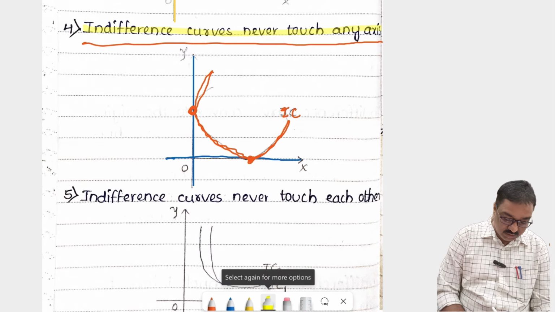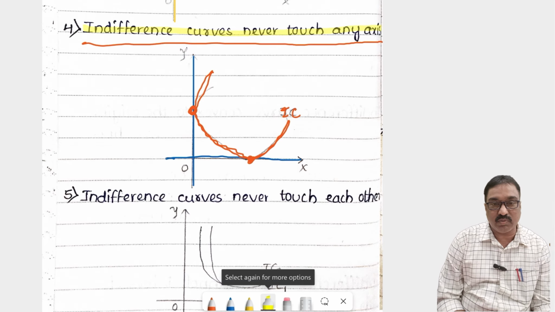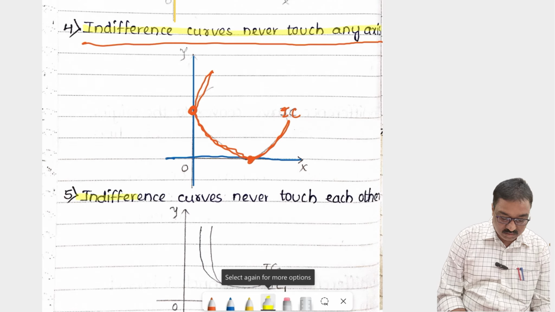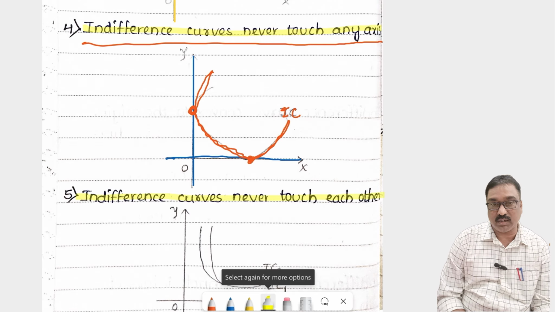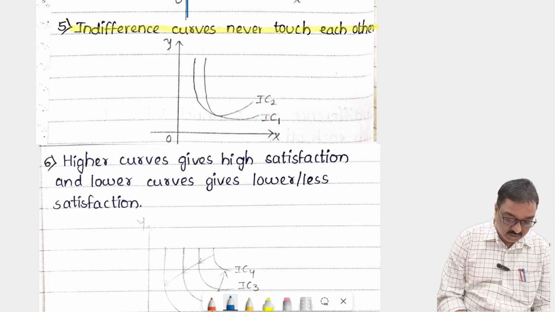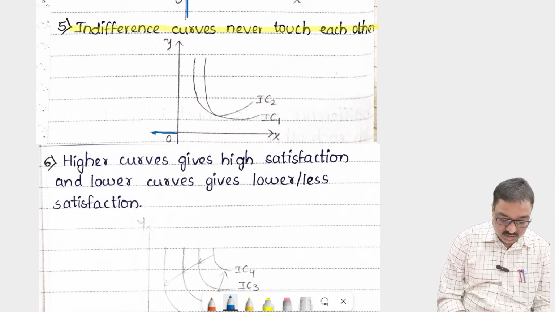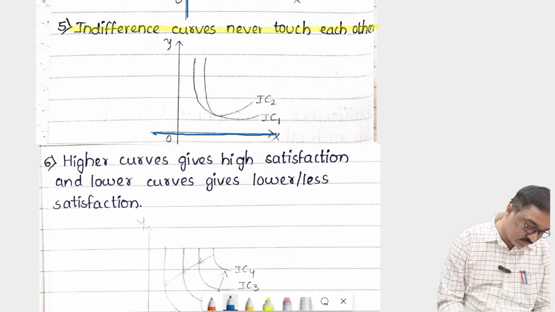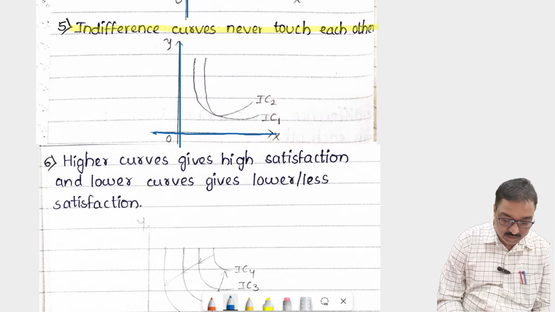And the fifth property of indifference curves: they never touch each other. This is the x-axis, this is the y-axis.